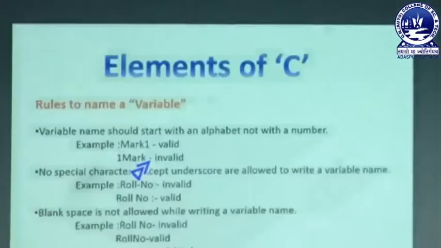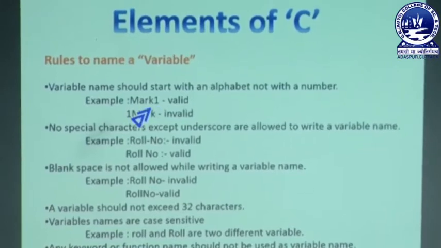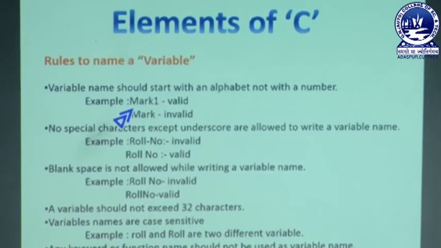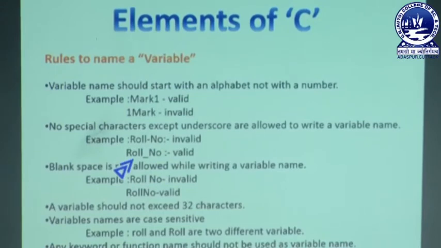Here you can also see an example that mark1 is valid, because m is an alphabet. So, a variable starts with an alphabet, or if I declare a variable as 1mark, then it will be invalid, because it is starting with a number. The next rule is that no special character except underscore is allowed in a variable name.